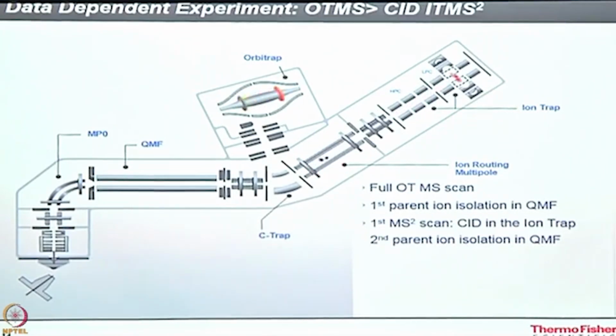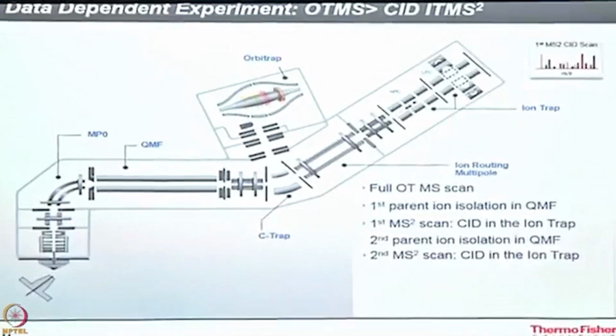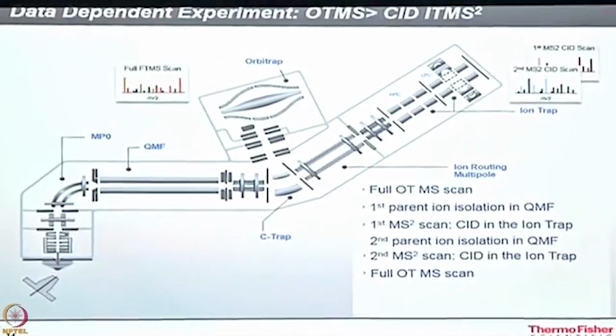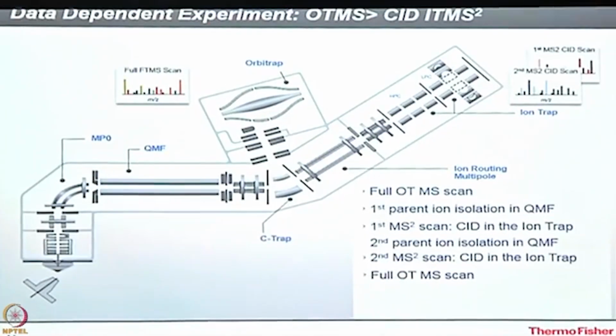So you are not losing any molecules or time. It's a parallel reaction. When all the MS2 scans are over, at the end of the full scan you get the MS scan as well as the MSMS scan. So you are not losing any time, molecules or samples.